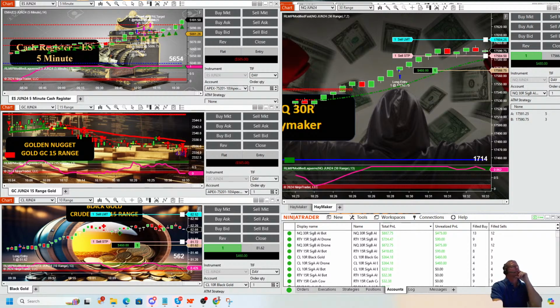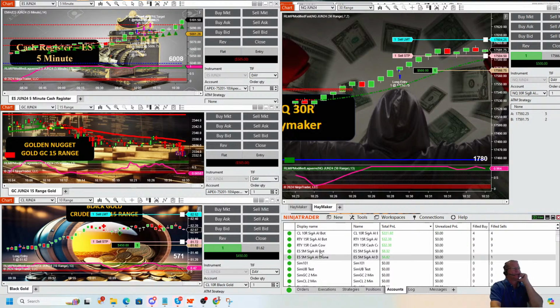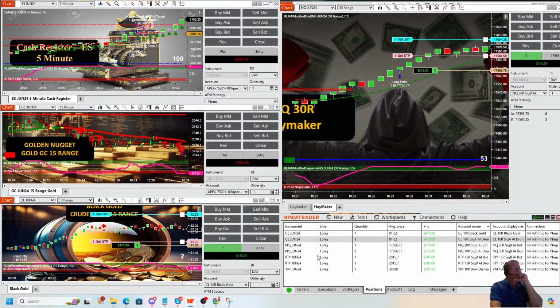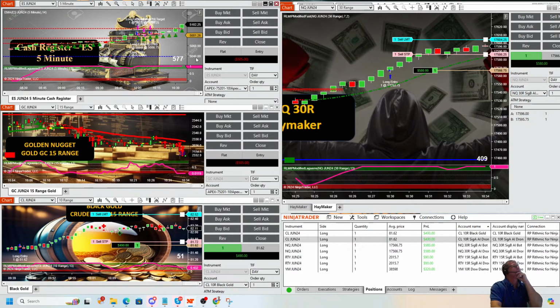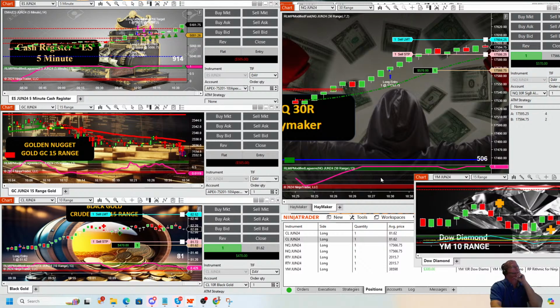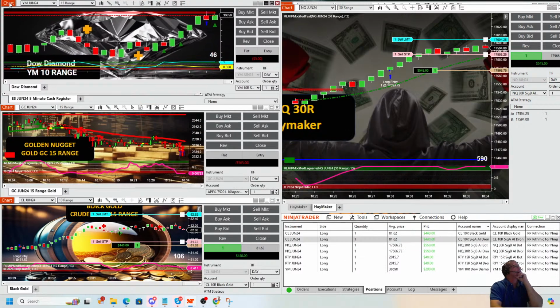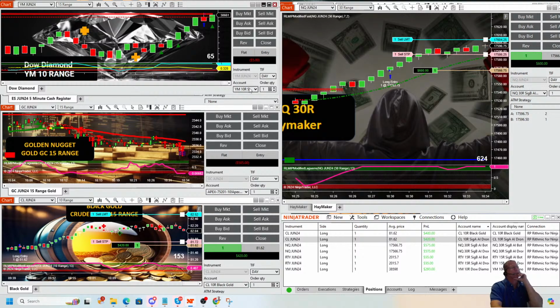That ES just going up and away. My ES, I'm surprised my signal Bs aren't taking this trade. Something must be preventing it. Let's take a look at the Dow Diamond.